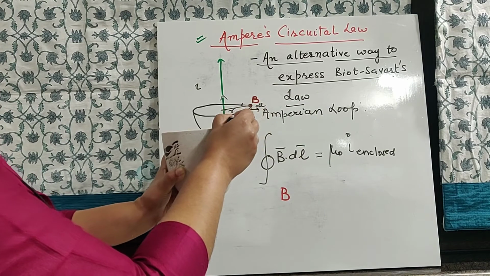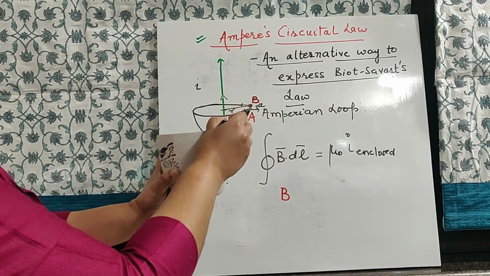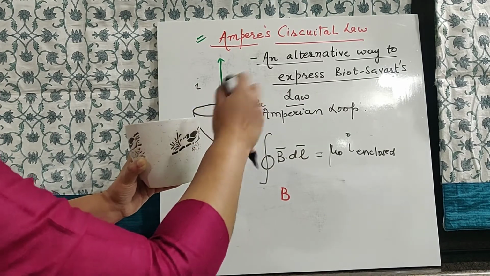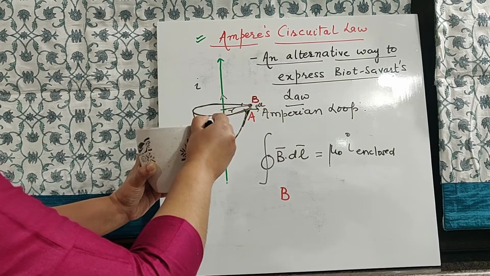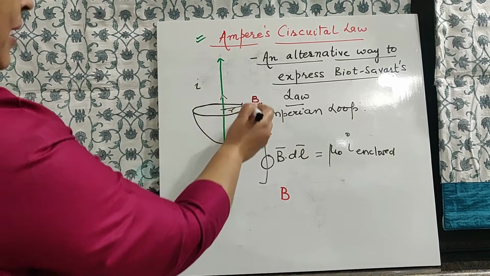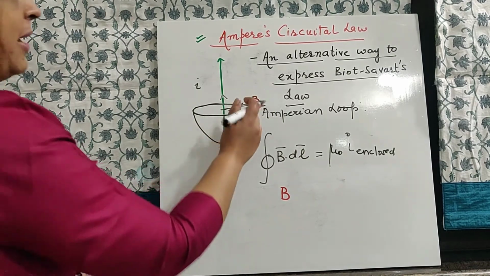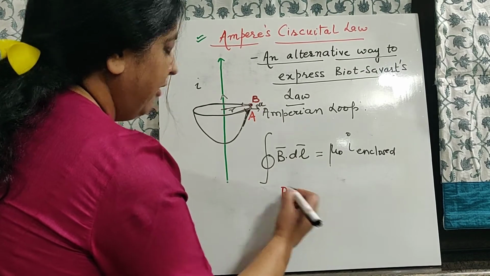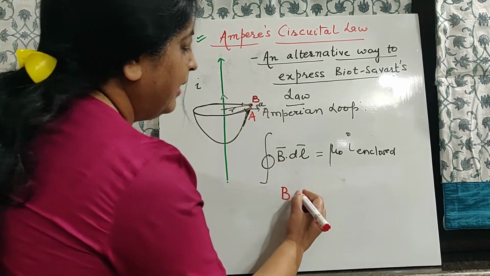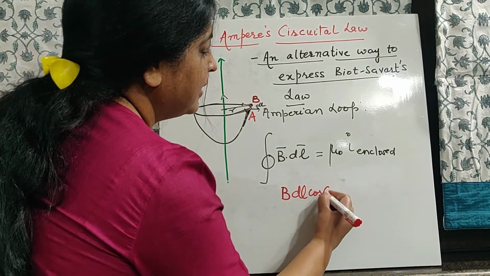The length element dl will also be in the same direction, because B is tangential to this and dl is also tangential to this. Now, if both B and dl are in the same direction, then B dot dl will become B dl cos of 0 degrees.